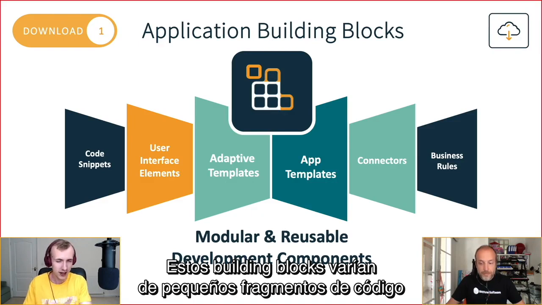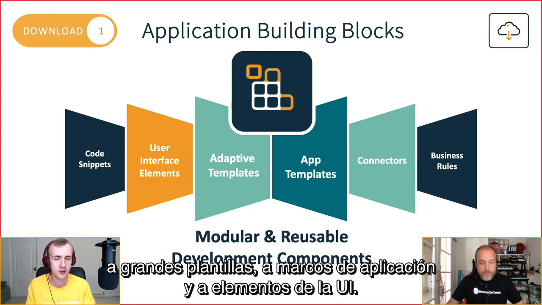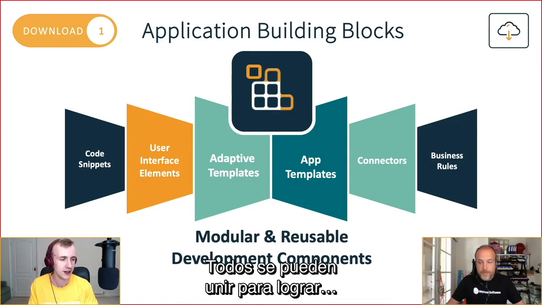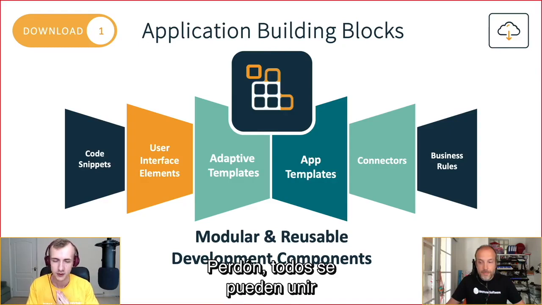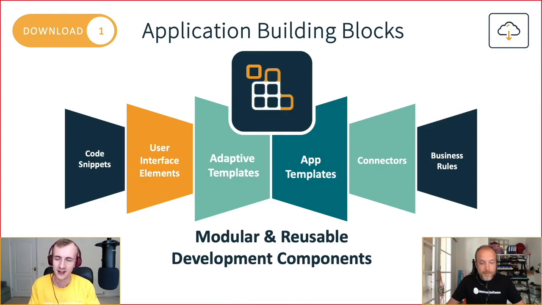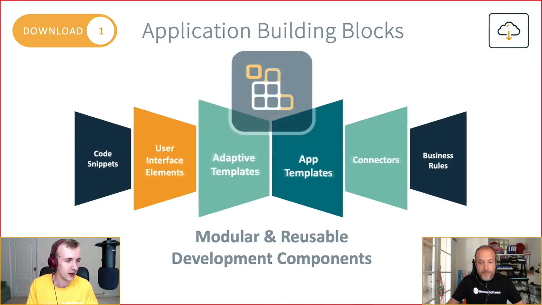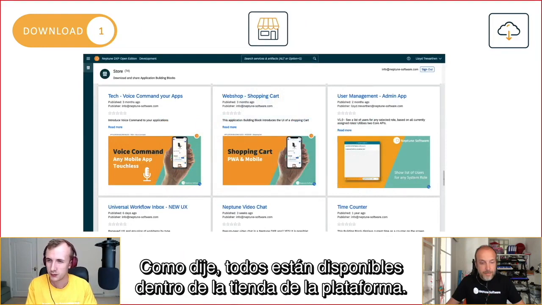These building blocks range from small code snippets and pre-made connectors to large templates and application frameworks, UI components that can all be joined together to enable rapid application development, since you don't need to reinvent the wheel every time. And as I mentioned, all available within the store, within the platform.